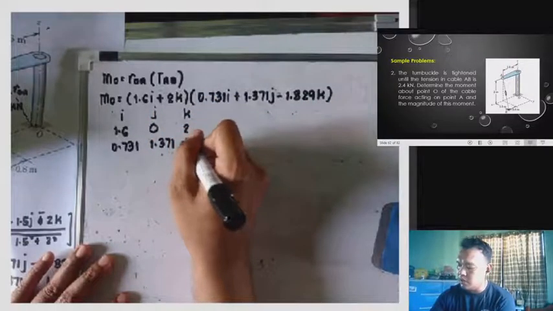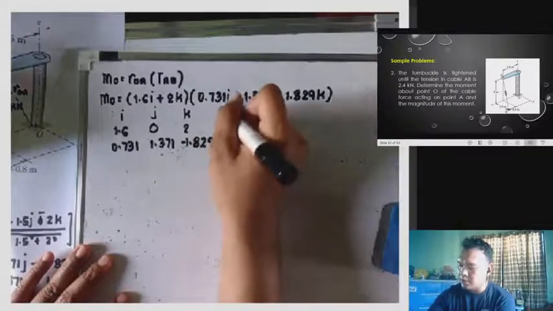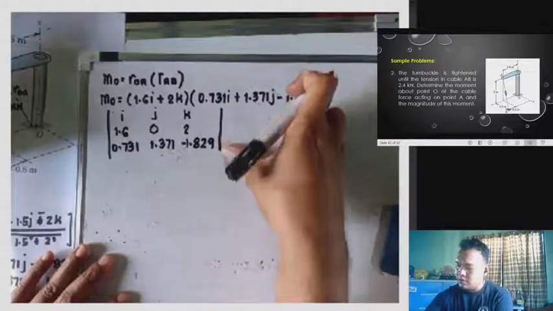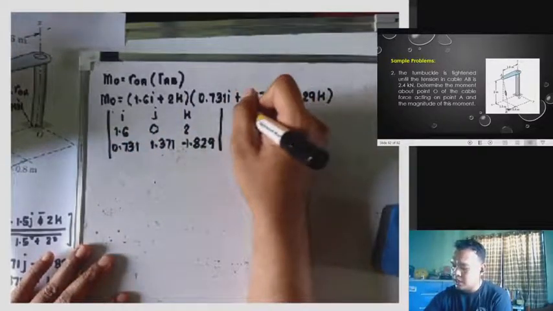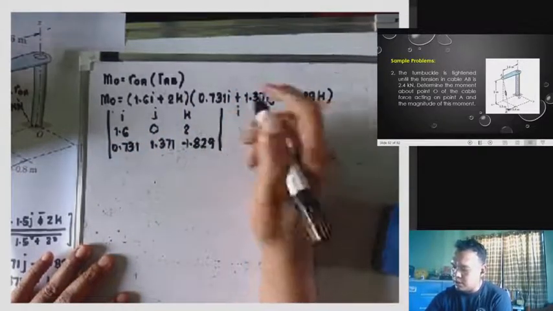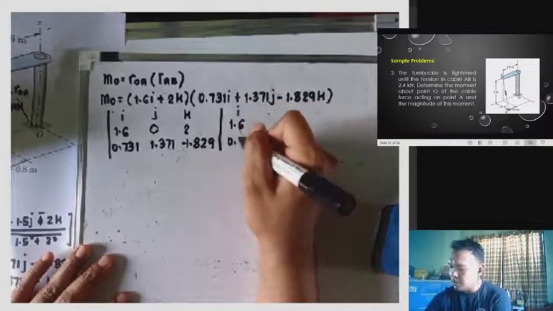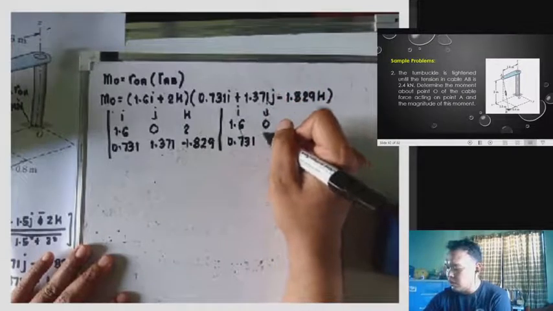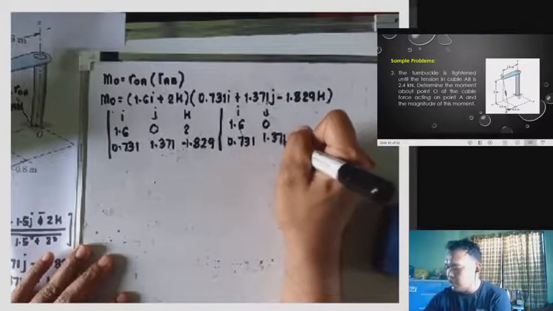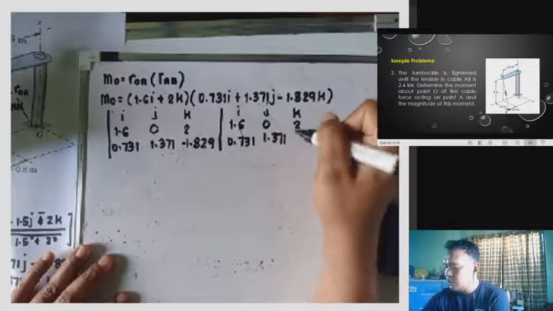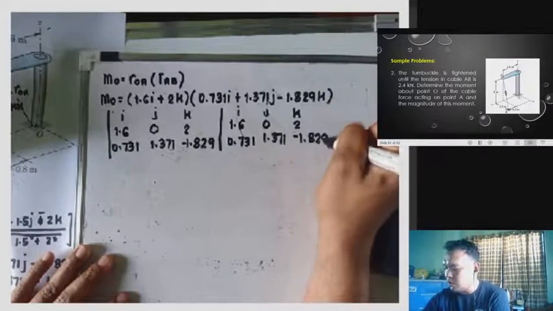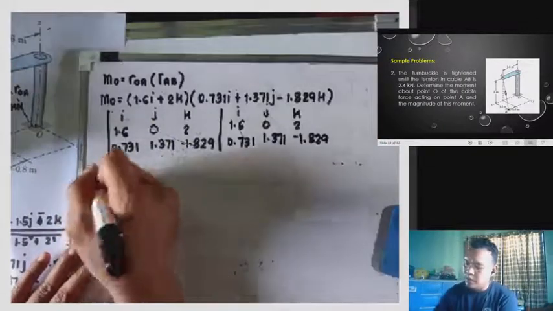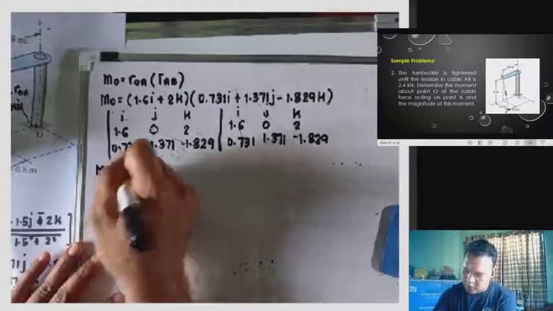Dito, meron akong negative 1.829. Then, kopyahin ko lang ulit ito. Meron akong I na 1.6. Tapos 0.731. Meron akong J, 0, 1.371. Meron akong K, 2, negative 1.829.